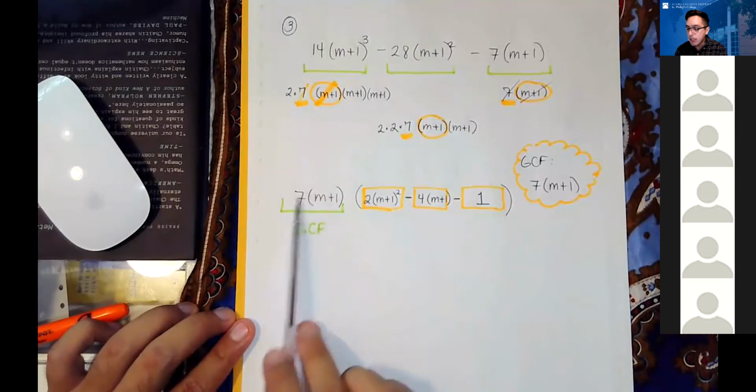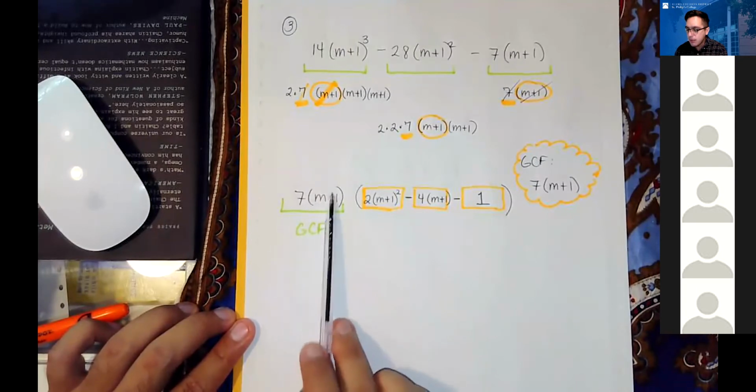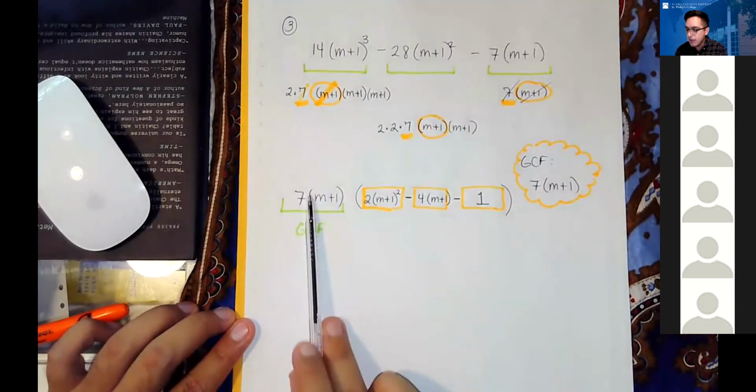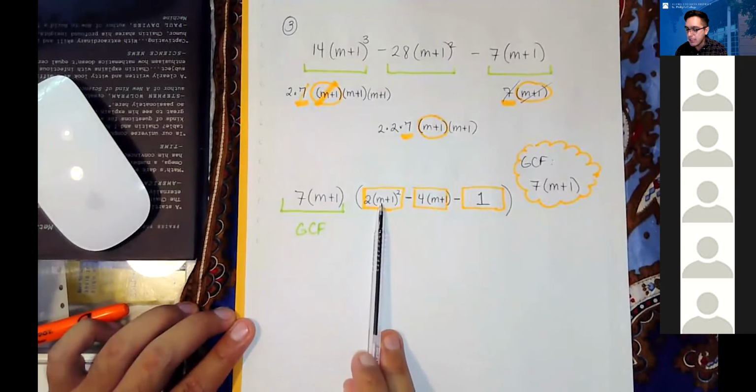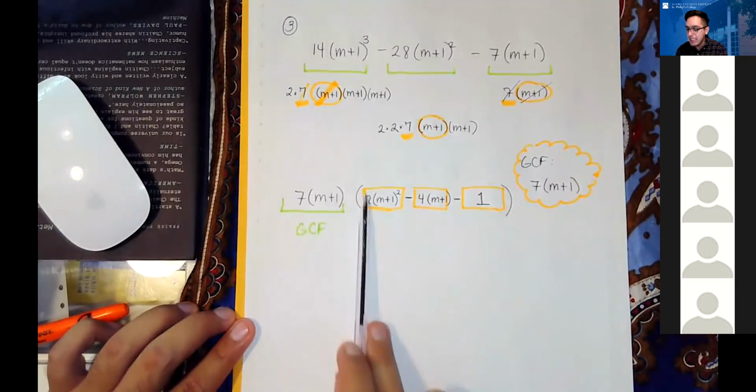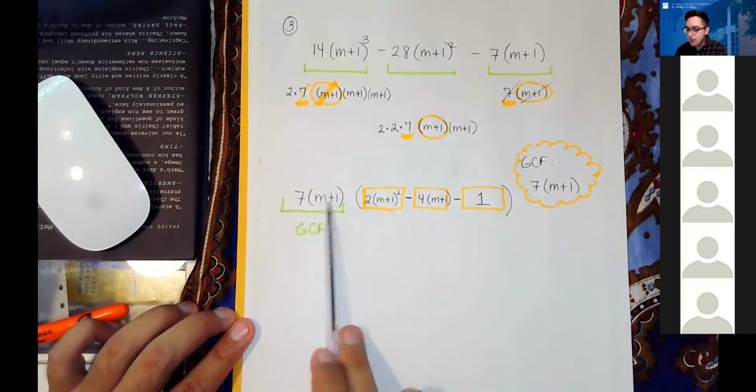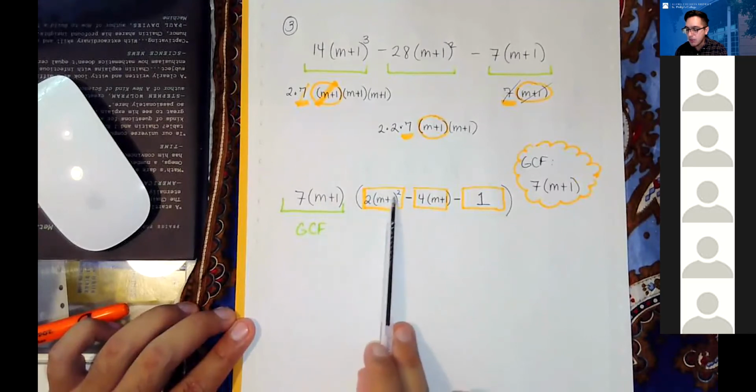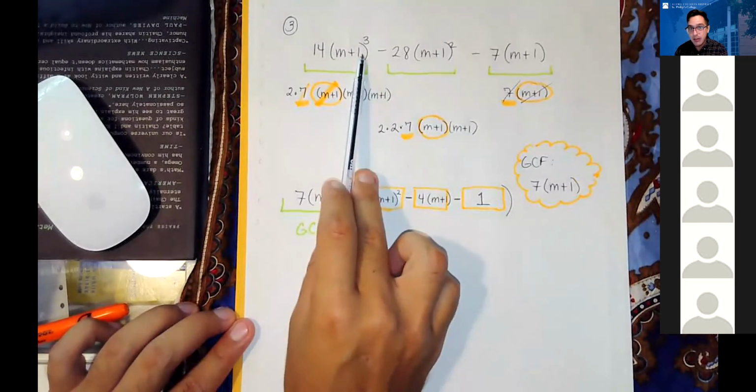So just think about running this multiplication forward. If I multiplied this GCF by the first term in the parentheses, I would have 14, and then m plus 1 times m plus 1 squared should be m plus 1 to the 3rd power.